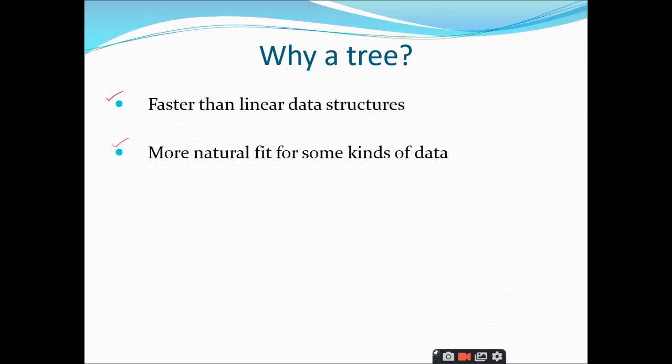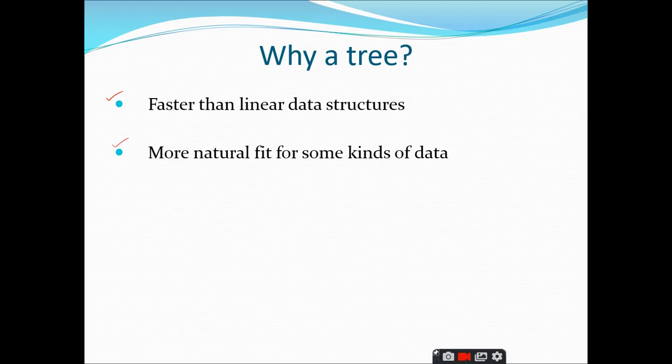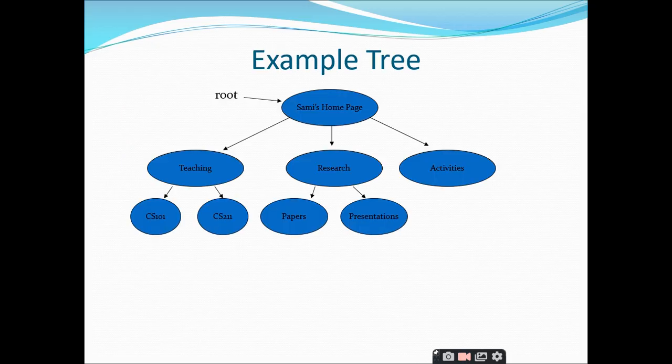Whenever you want to represent hierarchical data, you always represent it in trees. Hierarchical data cannot be represented using linear data structures. So when you want to represent hierarchical data, you should always go for the concept of trees. Is it clear? Yes, sir.